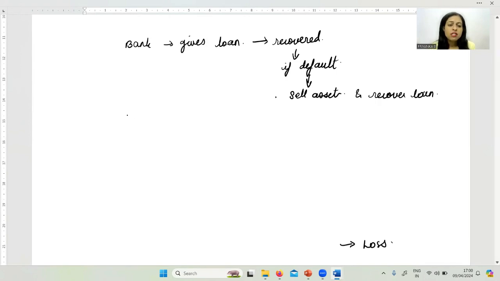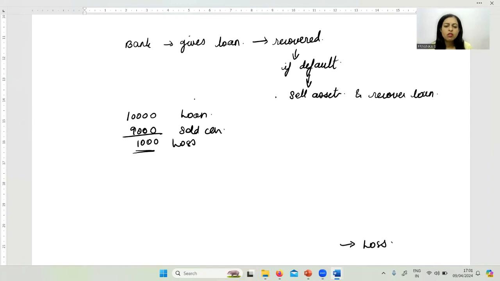Now suppose the bank gave a loan of 10,000. This was the loan amount. When they sold the car, this car gave them a value of only 9,000. So the car could not pay off the loan completely. So what happens in this case? 1,000 becomes a loss, right?